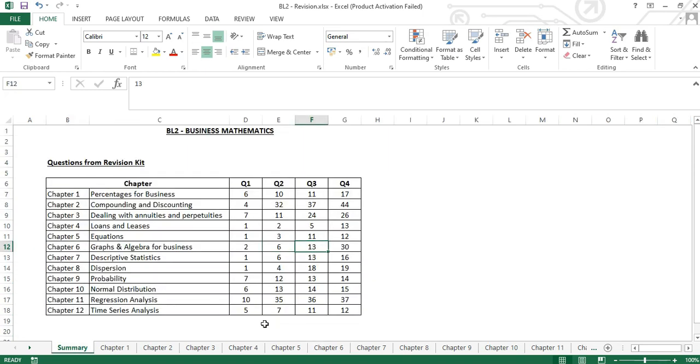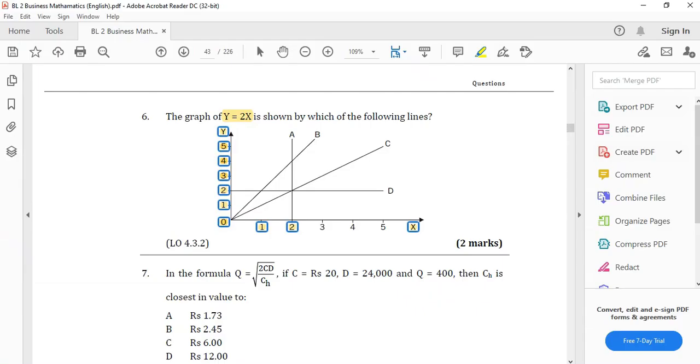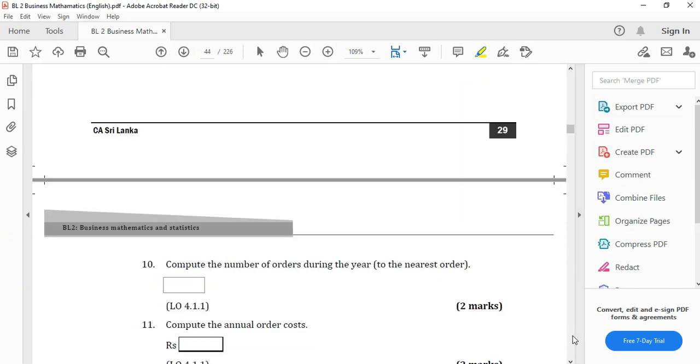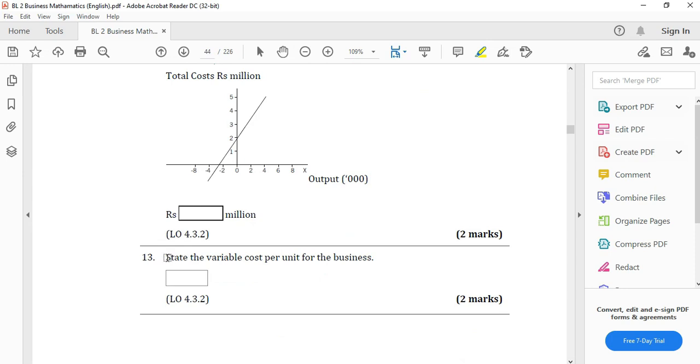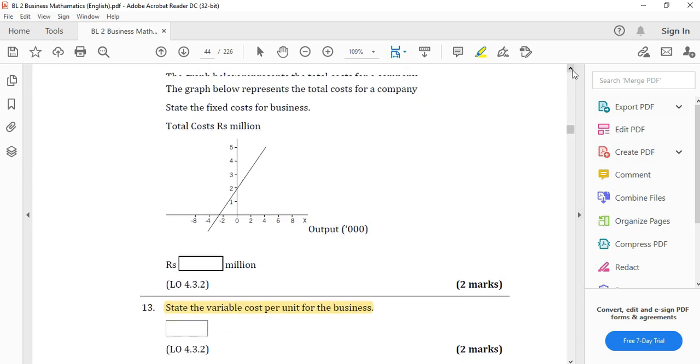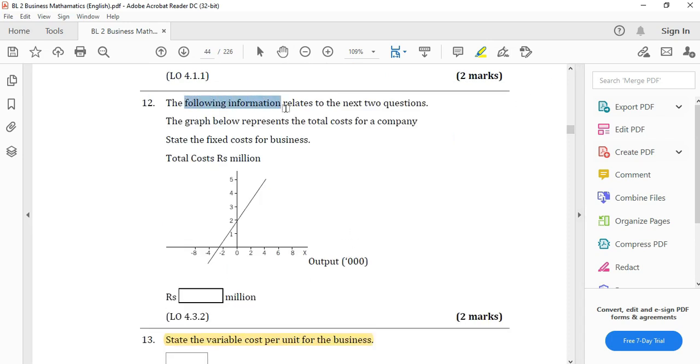Next, question 13. They are asking to state the variable cost per unit for the business. So for that we have to read this. The following information relates to the next two questions.